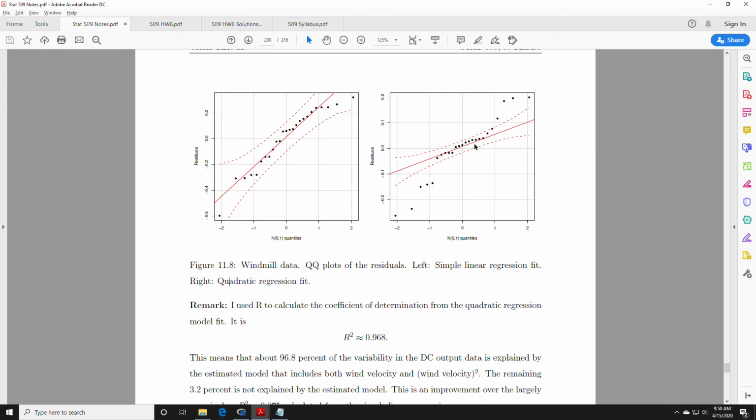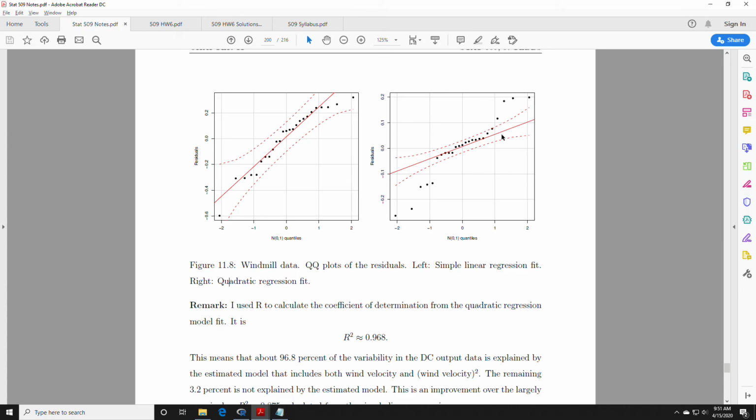Sometimes this can be easy to fix, sometimes not, okay? So you could try transformations to get this to look a little better. Sometimes it might work, sometimes it might not, okay? But clearly the normality assumption at least is violated.